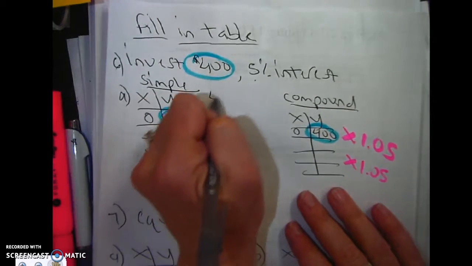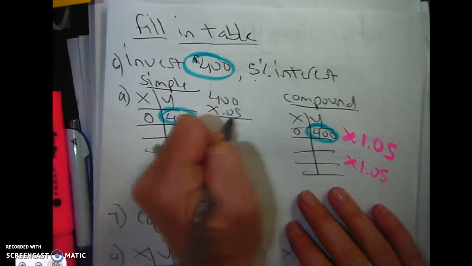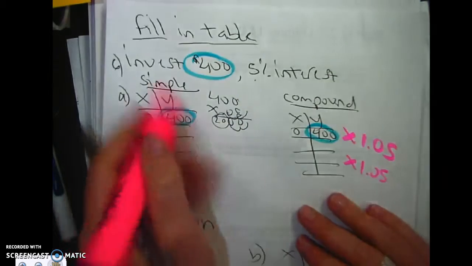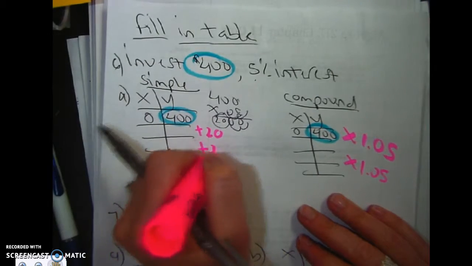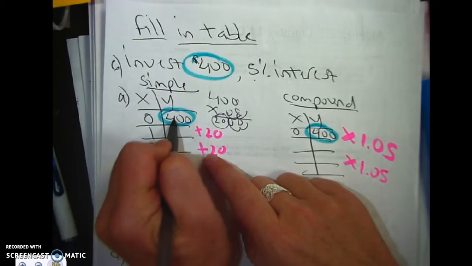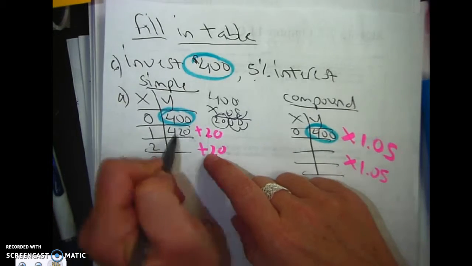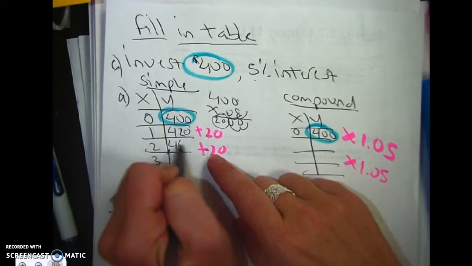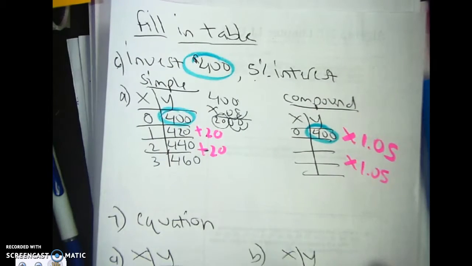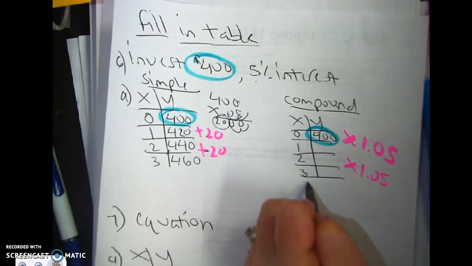This will be 400 times 0.05, which is 20. Boom. Plus 20, plus 20. So I think this one's easier. 400 plus 20, 420. Plus 20, plus 20. This one, 1, 2, 3.